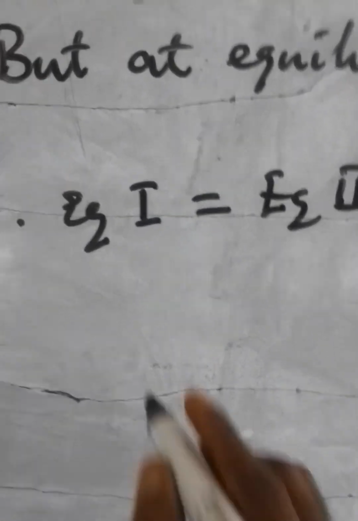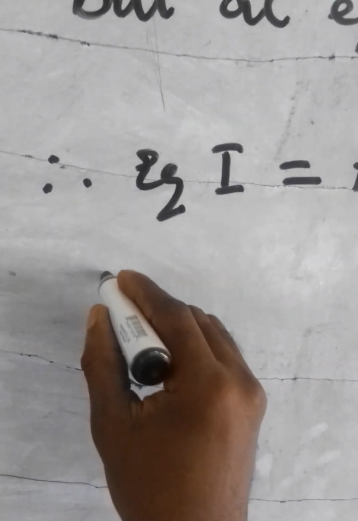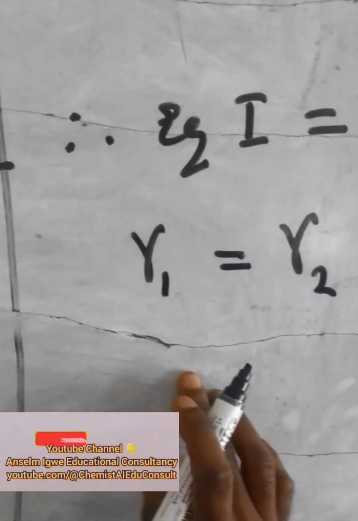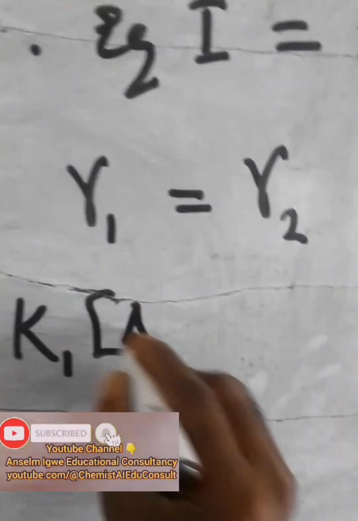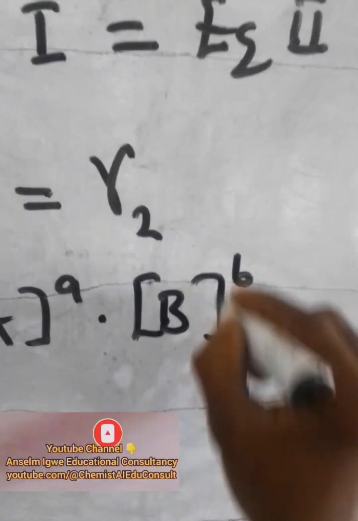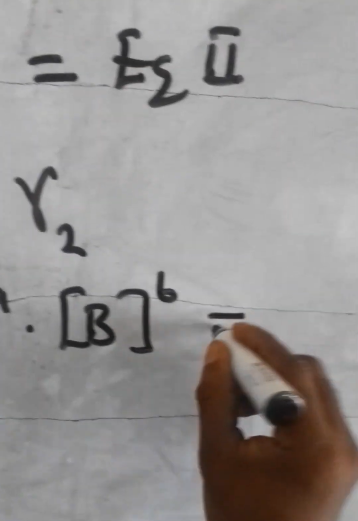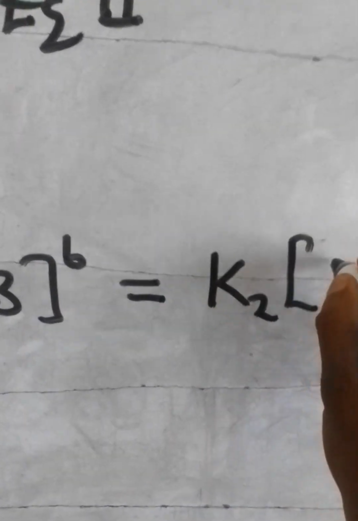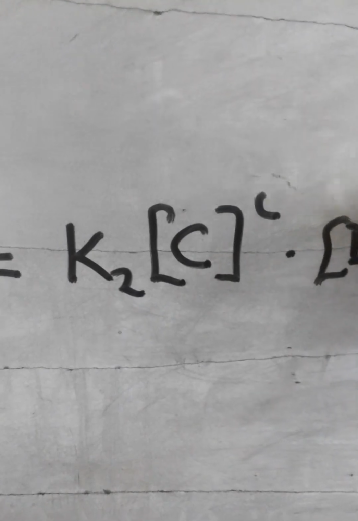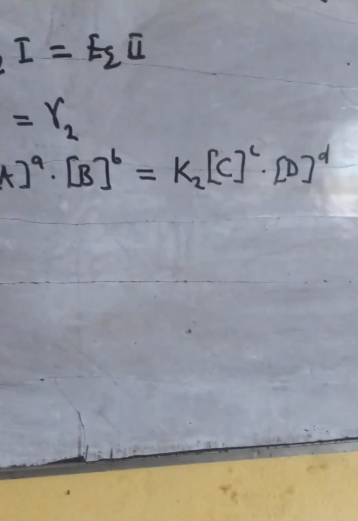So we now write it down. R1 equals R2. And R1 means K1 [A] raised to power a, [B] raised to power b. This is R1, which is equal to K2 [C] raised to power c, [D] raised to power d. That is at equilibrium.